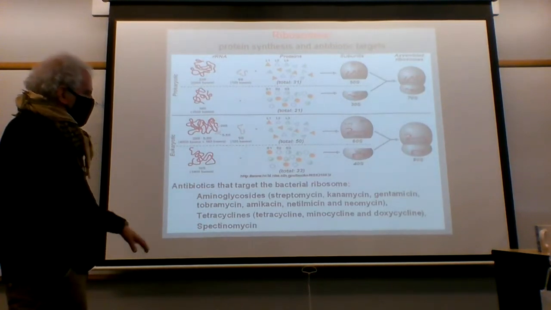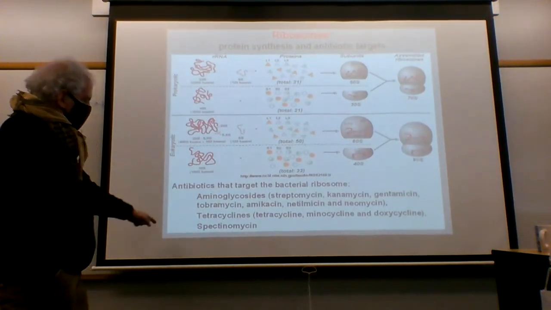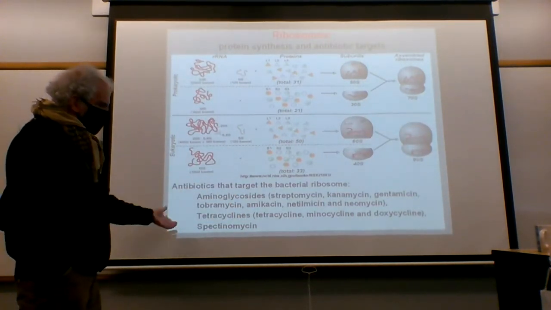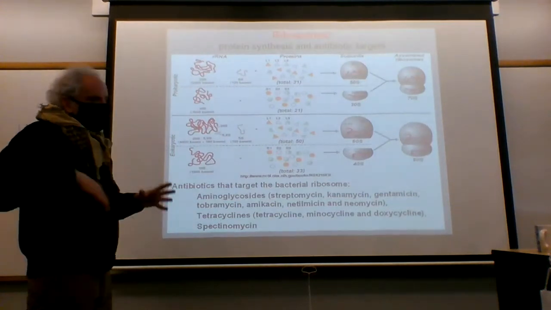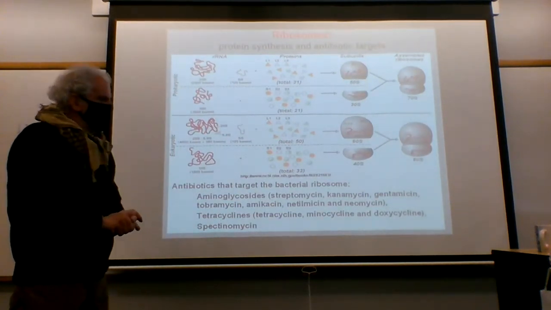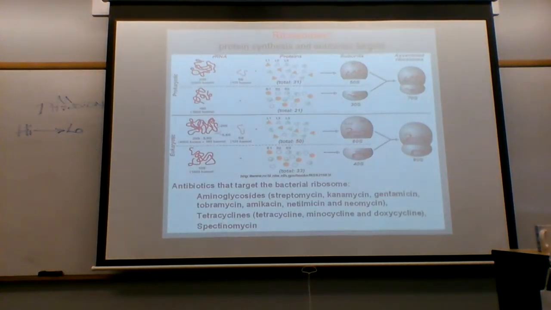These are interacting with the ribosome. The tetracycline class are also blocking either the formation of the ribosome complex or inhibiting the ribosome from doing its job. And because there is sufficient difference between prokaryotes and eukaryotes, it works fairly well. Okay.